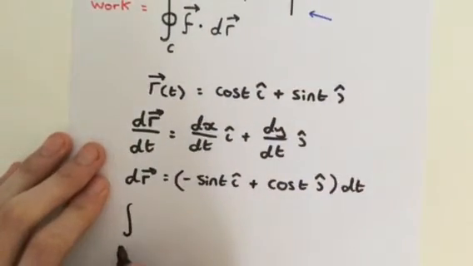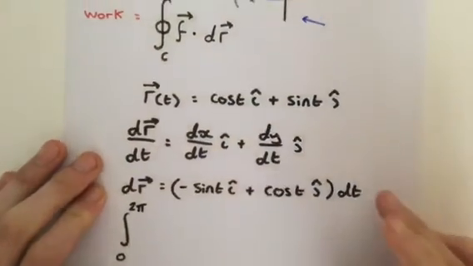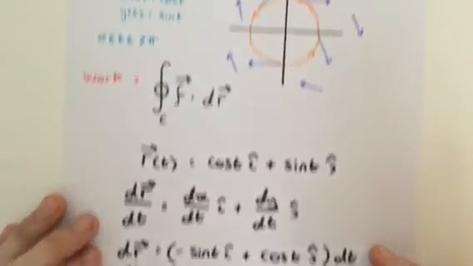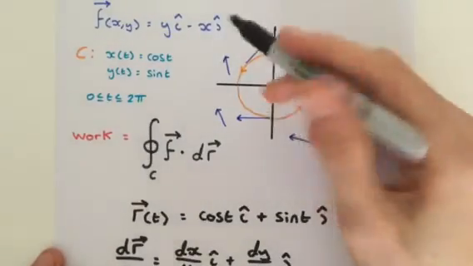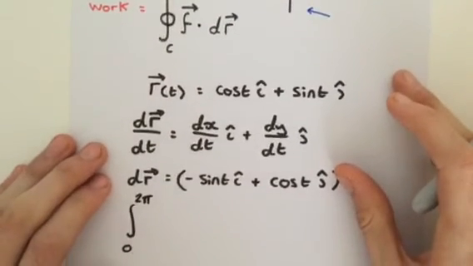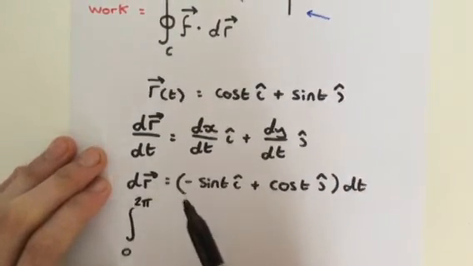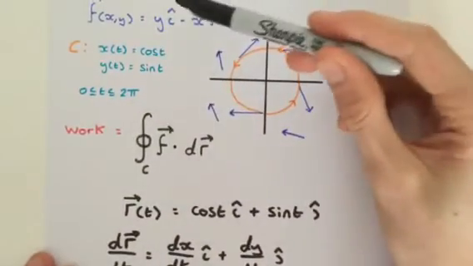So we can say our limits of integration go from 0 to 2 pi. And we simply take the dot product with our vector field, which was y i minus x j. So we simply take the x component of our dr, and multiply it by the x component of the vector field, which is y.